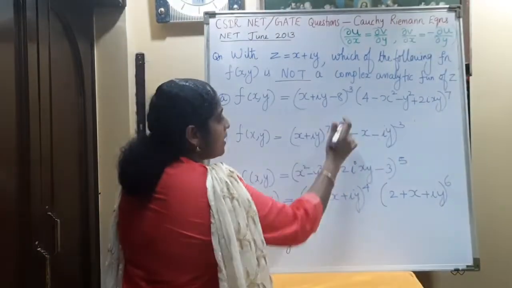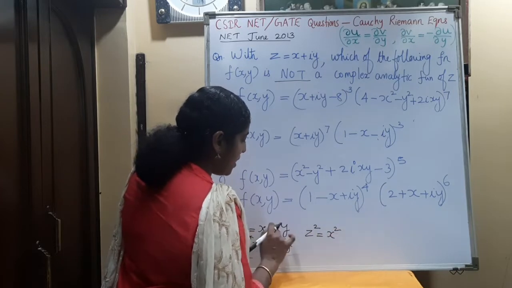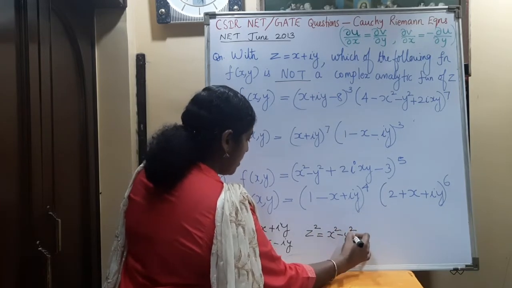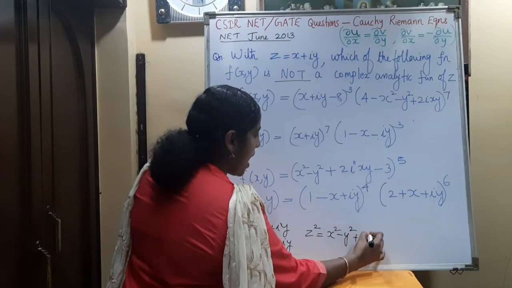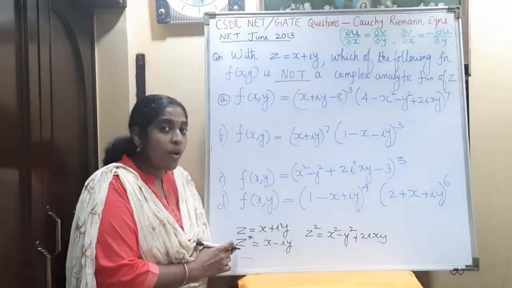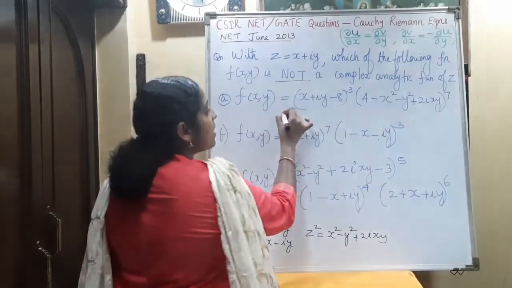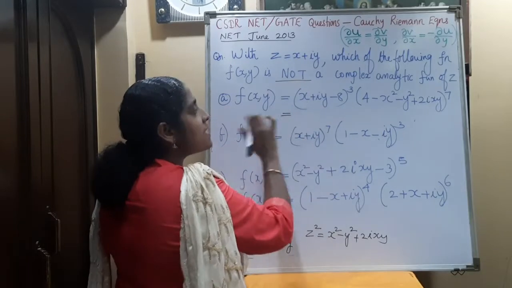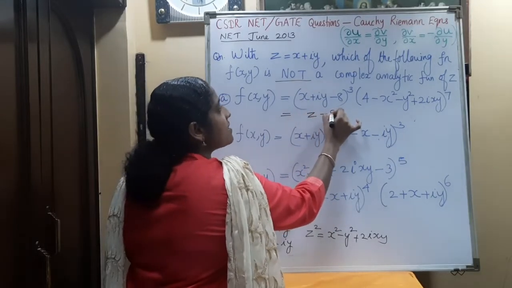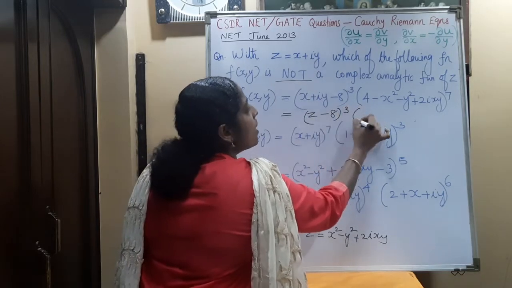If it is Z square, that is analytic. Z square is X square minus Y square plus 2iXY, that is analytic. But if a term consists of Z star, that is not analytic. See the first option: X plus iY is Z, so this is (Z minus 8) whole cube 4.